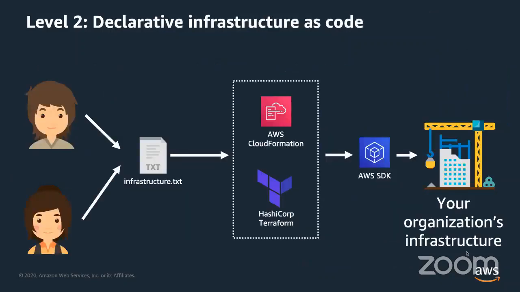We started writing CloudFormation templates, or you would know Terraform templates as well, and these would in turn execute the AWS APIs in the backend and create the AWS infrastructure for you.